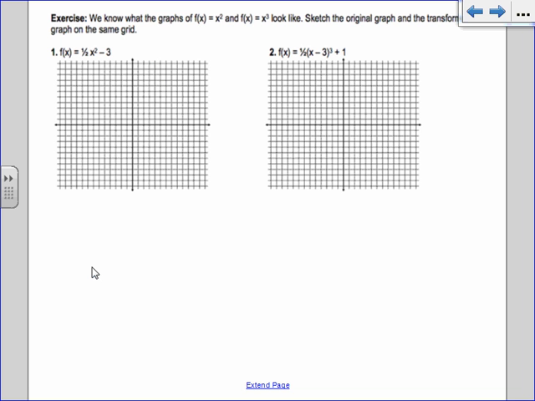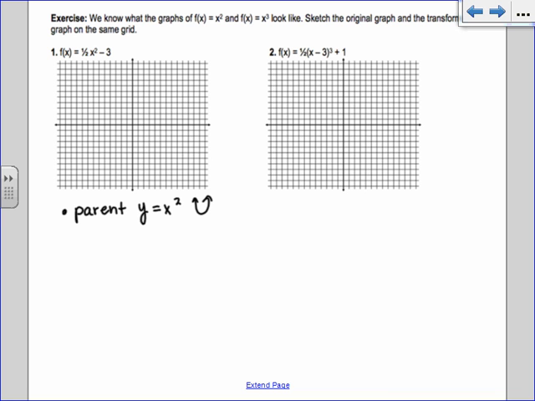Okay, so if you see something like f(x) = 1/2 x squared minus 3, you should first be able to identify the parent. So its parent function is y equals x squared, which is a parabola. And then you should be able to list the different transformations that are happening to it. Now, the order of these does actually matter.